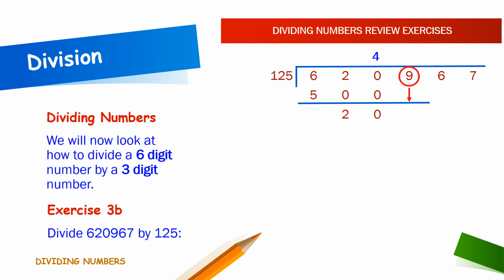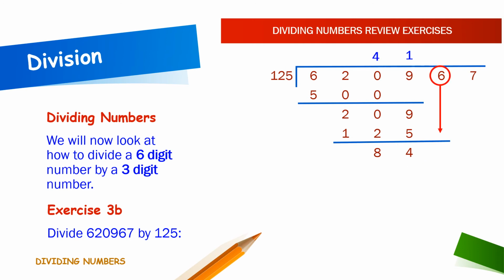Bring the 9 down. How many 125s are there in 1209? There is 1. Position it here. 1 times 125 is 125. Subtract to give 84.